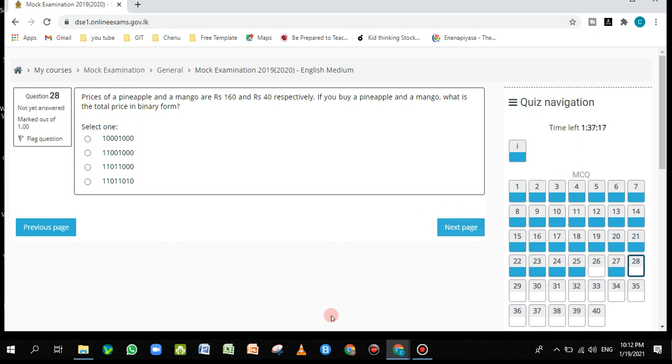You can take 128. Then 72 will remain, because when you reduce 128 from 200, you will get 72. 72 means again you will get 64. Now this is 128, then 64. All are there except the third one.